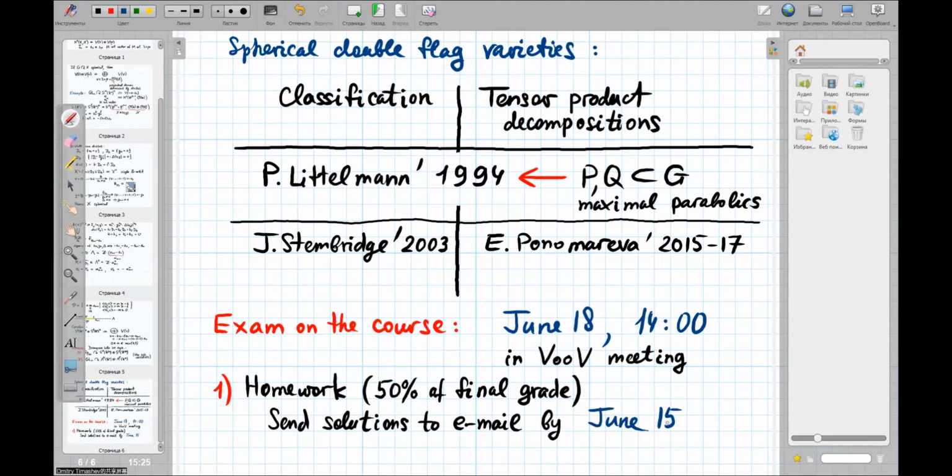This is the first part of the grade, and you may call it the first part of the exam. And the second part will be on June 18th. It will be the theoretical part.